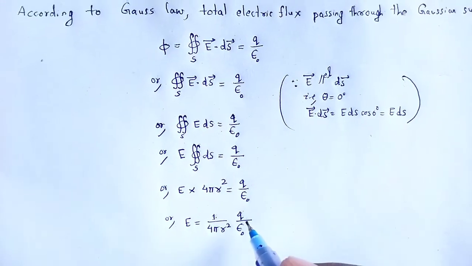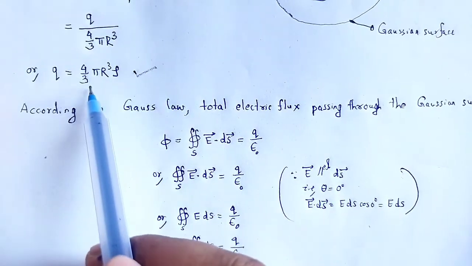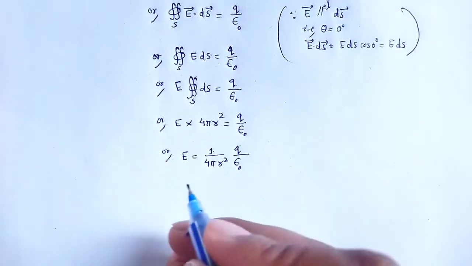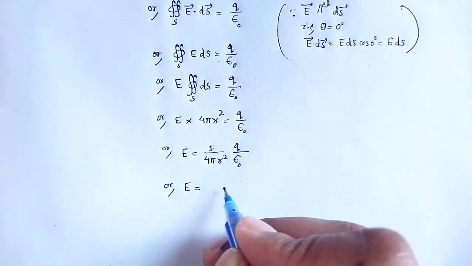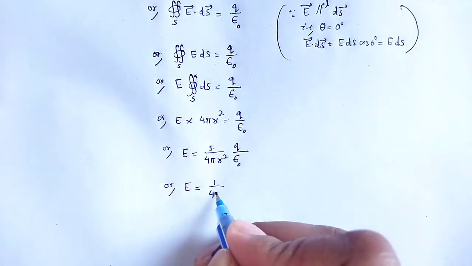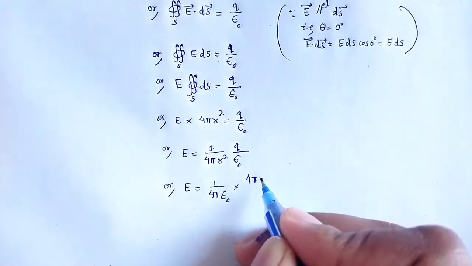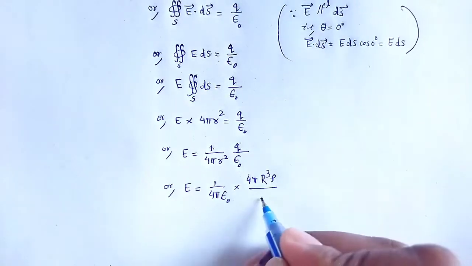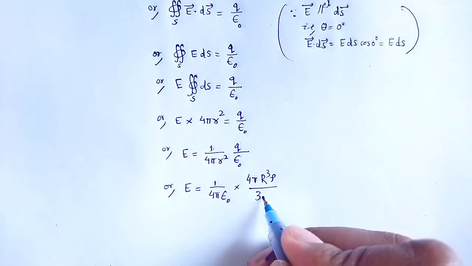Now we put the value of q as we got here, 4 by 3 pi R cube rho, in terms of volume charge density. E is equal to 1 by 4 pi epsilon naught, 4 pi R cube rho divided by 3 r square.